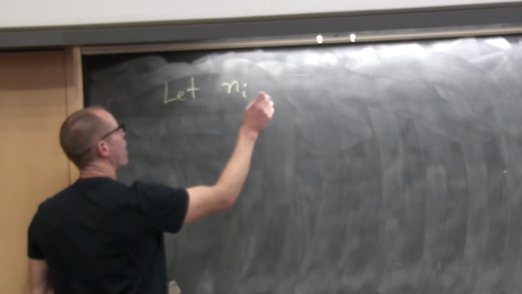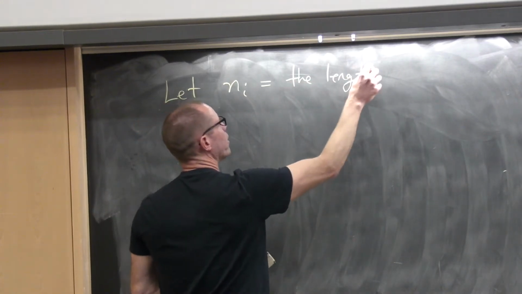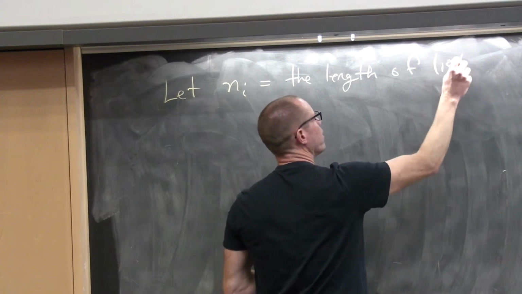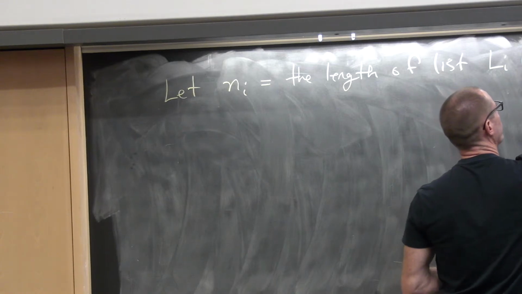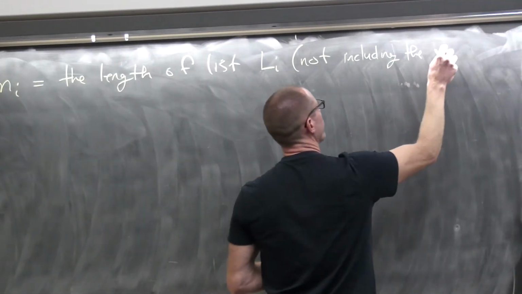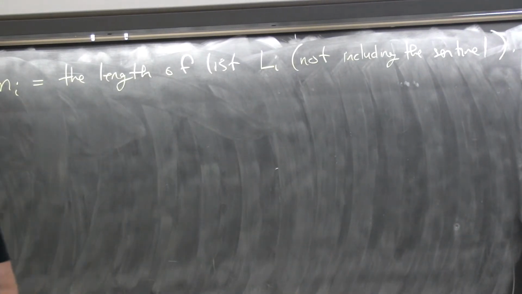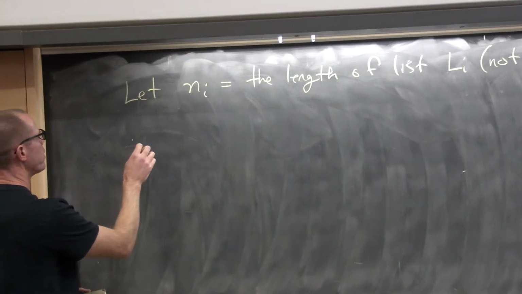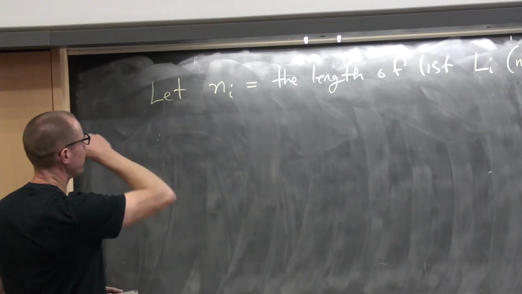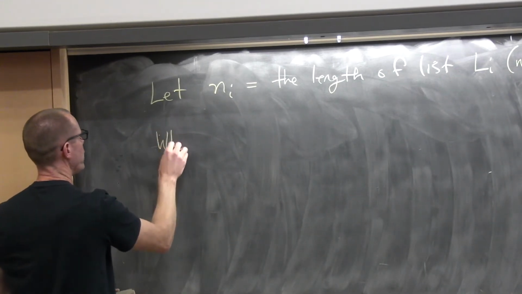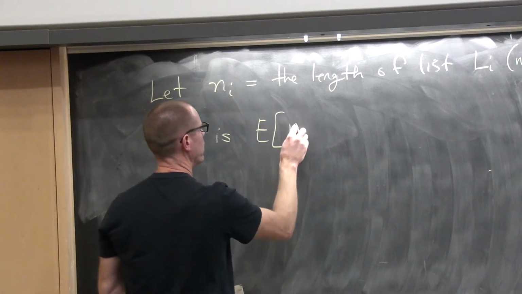Let n sub i equal the length of list L sub i, not including the sentinel, and so now we say, well, first question is, what is the expected value of n sub i?